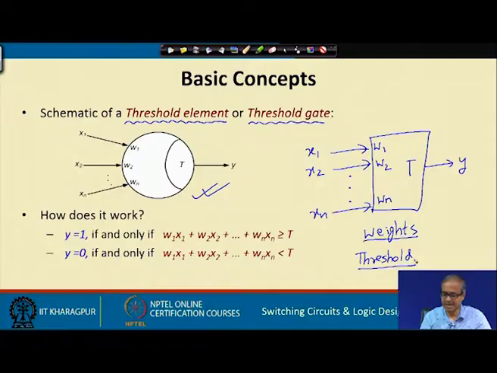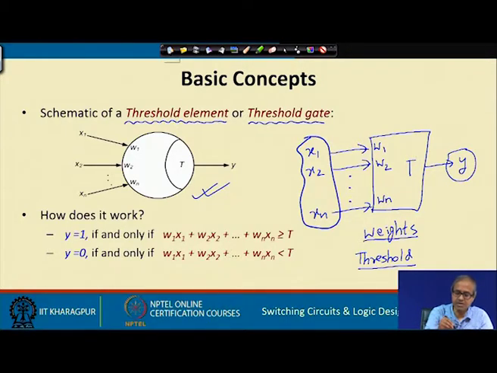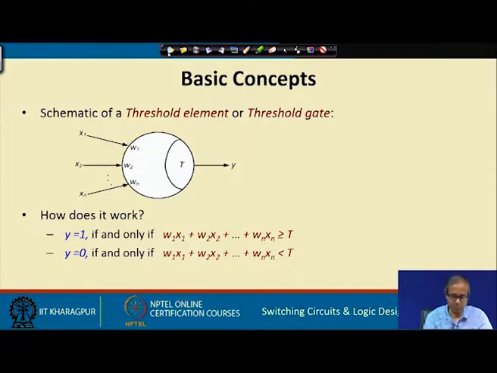So, unlike the gates which we have learnt earlier, AND, OR, NOT, etc., where only inputs and the output matter, here in addition you have some weights and threshold. Now, how do the weights and threshold play a role? The inputs x 1 to x n are binary inputs, meaning they can be 0 or 1.